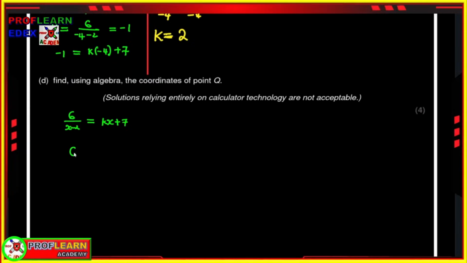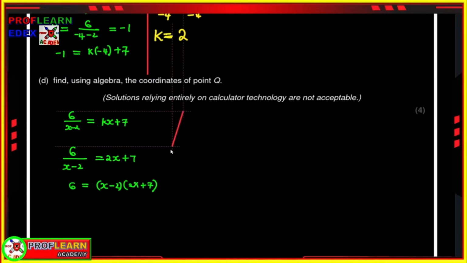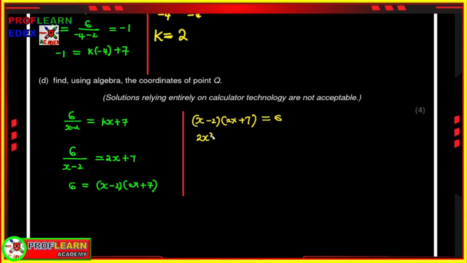And then we shall say 6 over x minus 2 is equal to kx plus 7. But do we know the value of k? Yes, it's 2. Then plus 7. Then multiply both sides by x minus 2 so that we can expand this equation. If you expand, you're going to form a quadratic equation which we are going basically to solve.